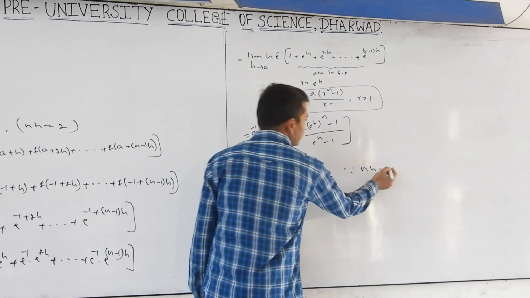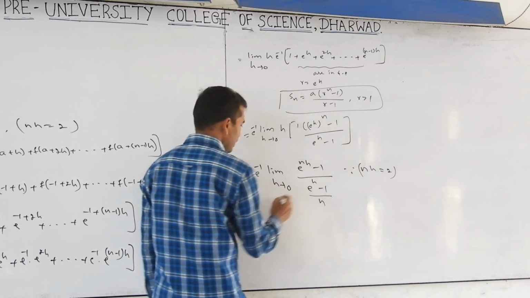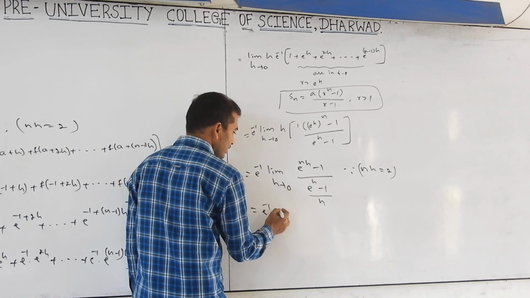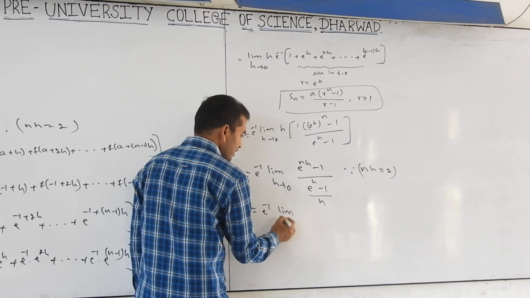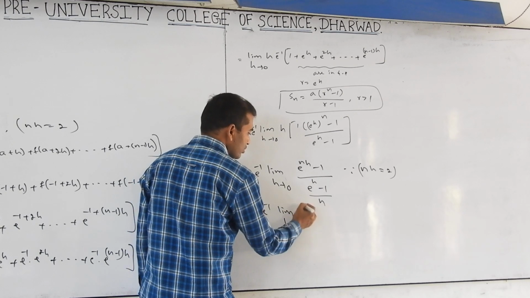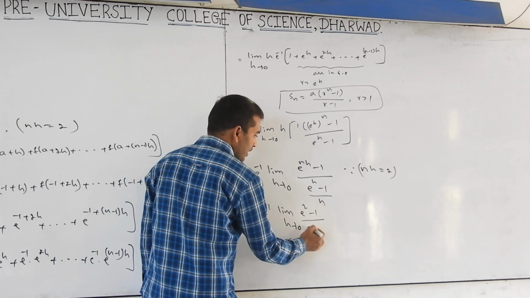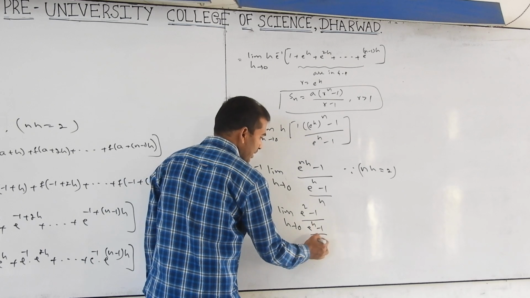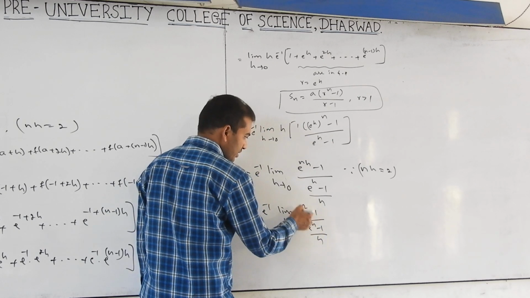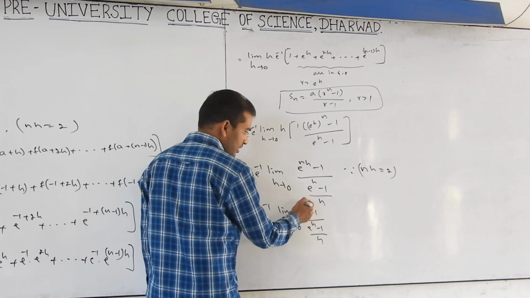So this is 2. Here e raised to minus 1, limit h tends to 0, this is e square minus 1 by e power h minus 1 by h. This is a variable, this is constant, take out.